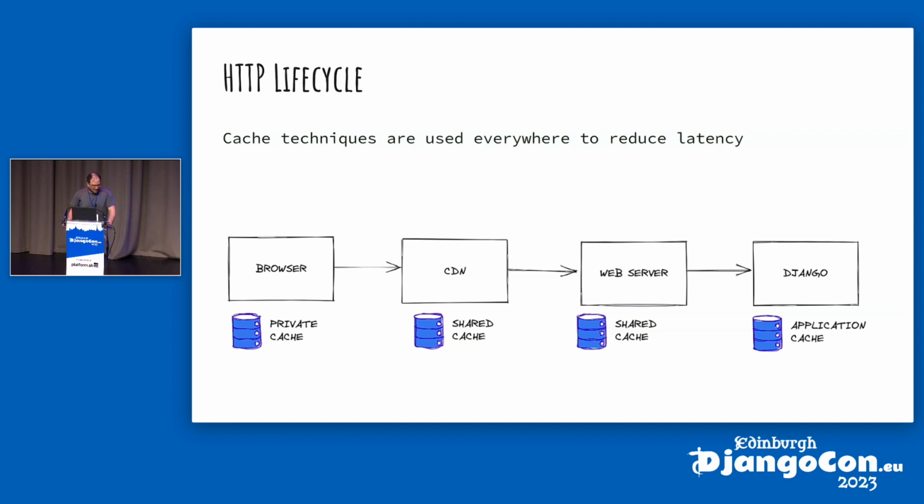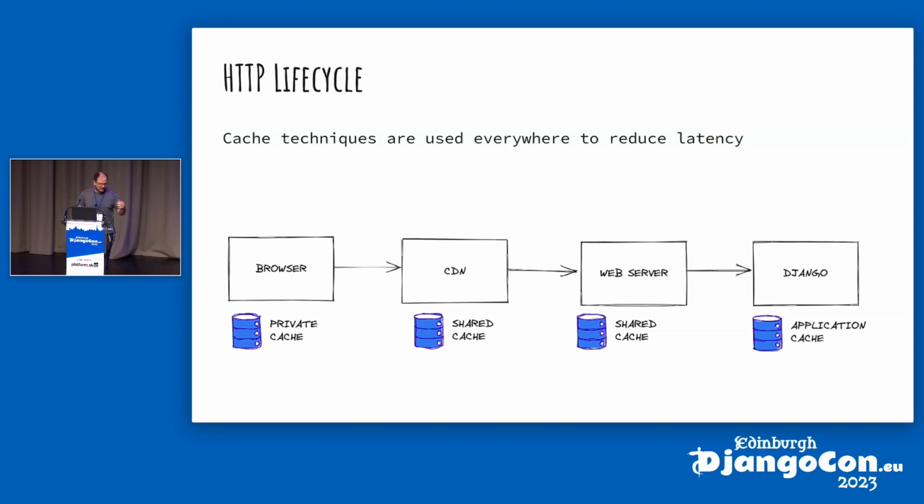So I talked about Django a lot and Python. It's just the application layer. And there you have different application caches, like I explained. But you have other layers. You have your web server that just sends requests to Django, and you can have a shared cache there.